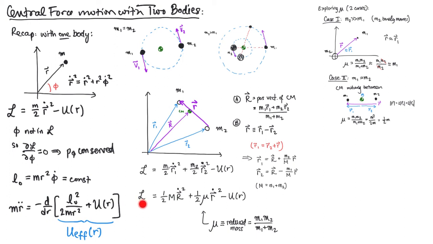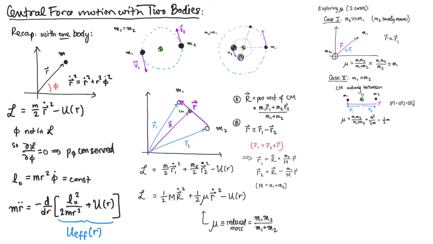Now we know that the Lagrangian, if you add or subtract a constant, nothing changes in the equation of motion. So we know that this first term, 1/2 capital M capital R dot squared, is a constant. Okay, that means we can get rid of it. What does it mean to get rid of it? Well, one way to think about that is that you work in a coordinate system in which the center of mass is at rest.